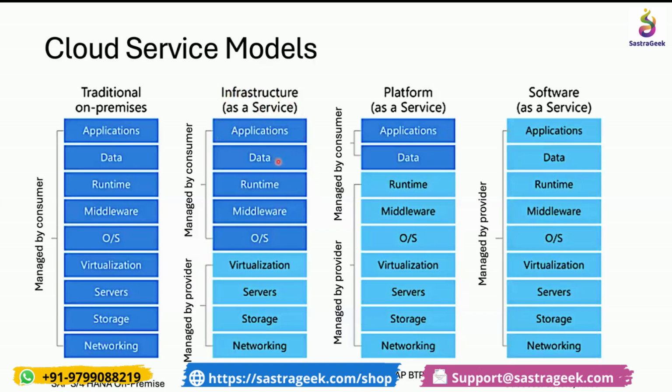Over here on infrastructure as a service, it's limited to anything beyond the virtual machine. And for platform as a service, you can do all the alterations you want on the application, but for software as a service, you can't do that. You can do minor configurations and things like that.